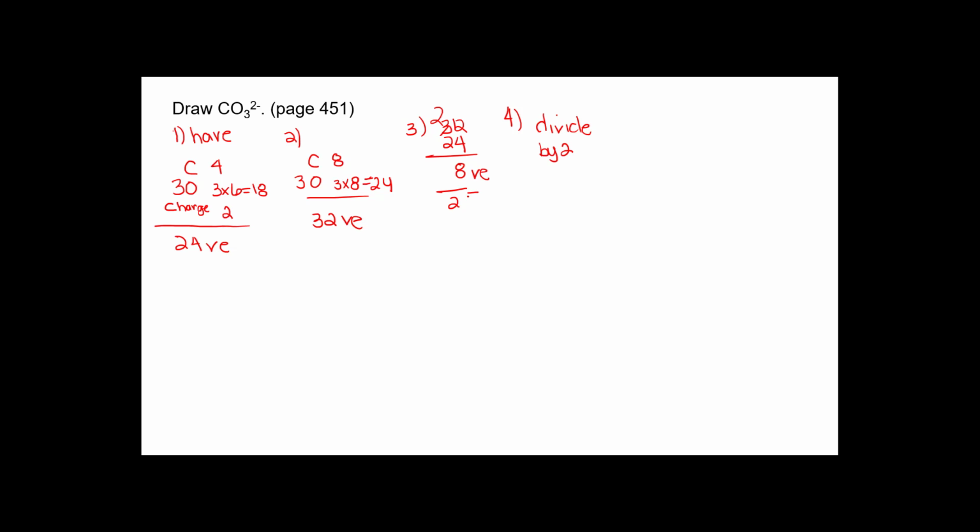So we're going to divide by 2. 4 bonds. Number 5, pick central atom. Sorry, I don't know how to erase anything on here. So once I make a mistake, it's there forever. And surrounding.